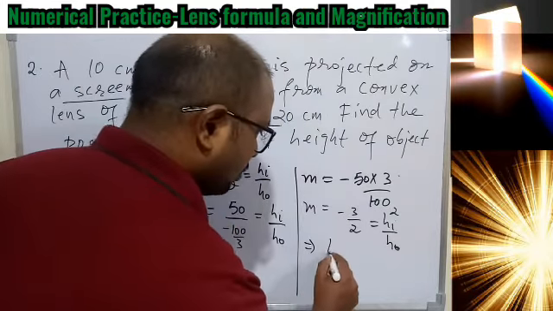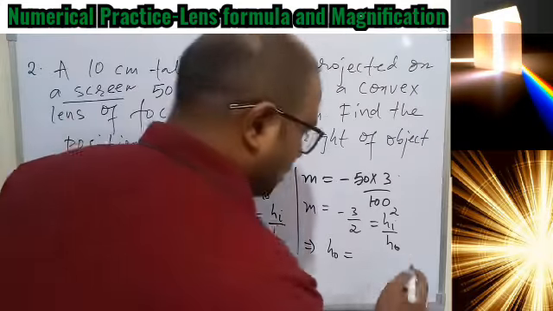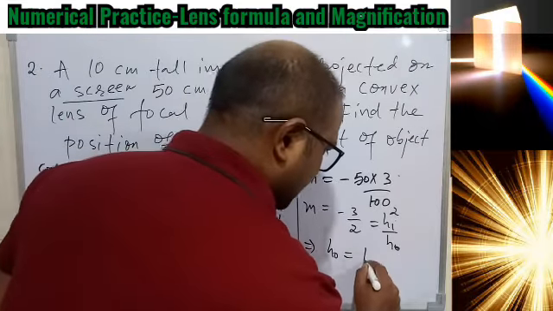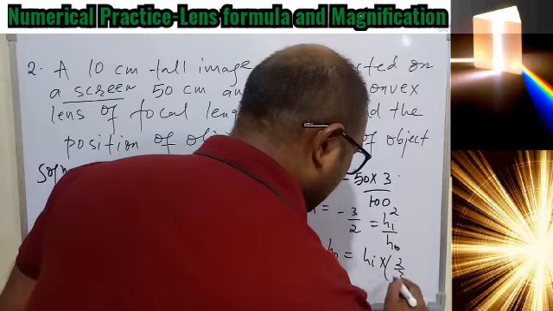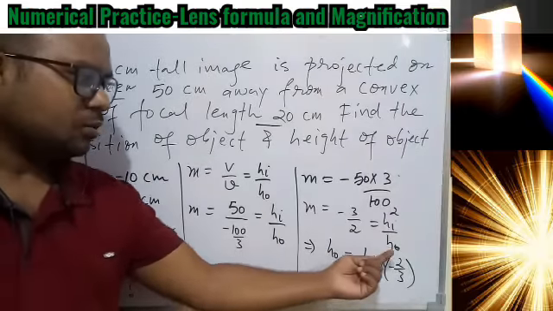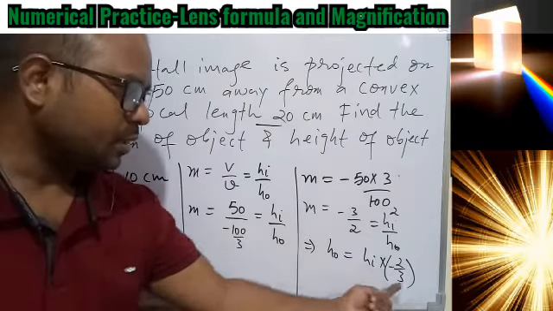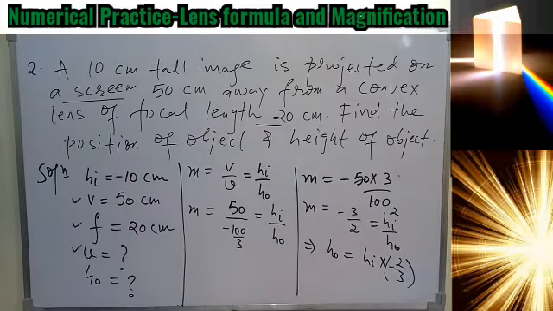So from here we can write down the height of object will be 2 by 3 minus, multiplied by height of image. So height of object we have to find. So height of object will come this side. So that will become 2 by 3 minus will be there multiplied by height of image. So now let's put the value and get the answer. This we have done.